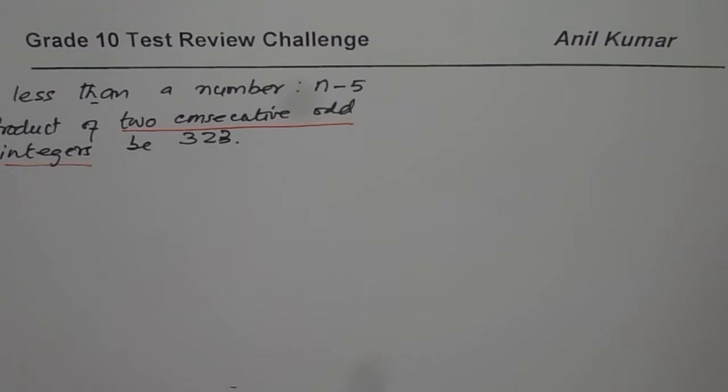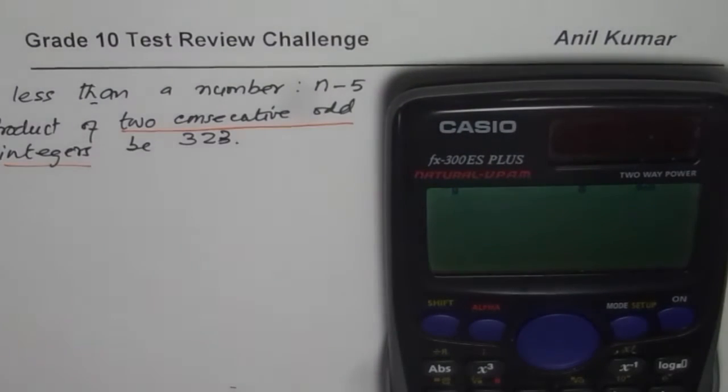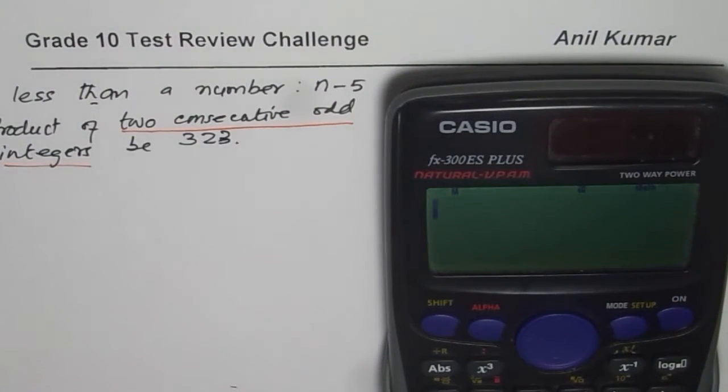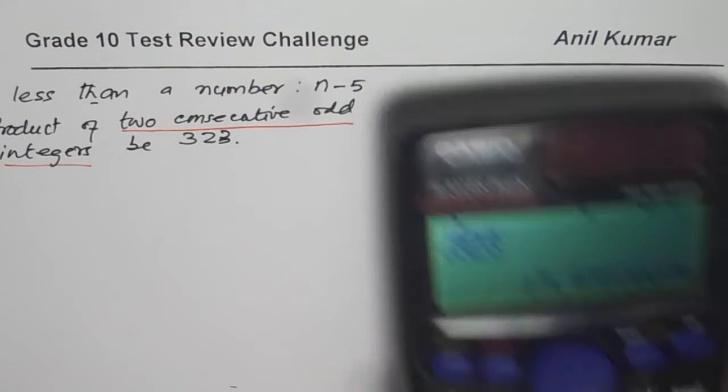I do have a video, I'll provide you with the link. But here is the neat thinking part of it. When you are looking for the product of two numbers, that too very close by, that means if I do the square root of 323, what do I get? I get the square root of 323 as 17.97. So how about trying 17 and 19?